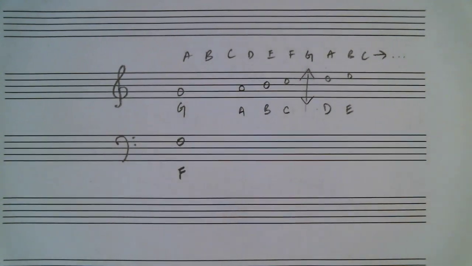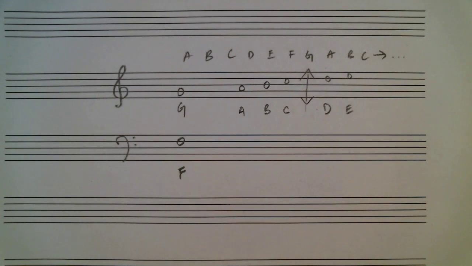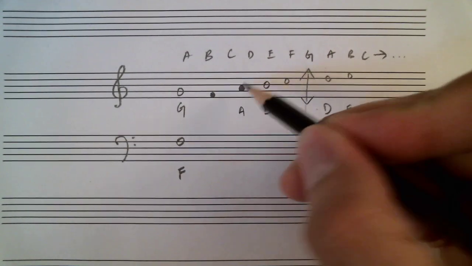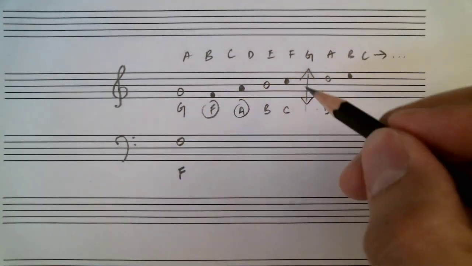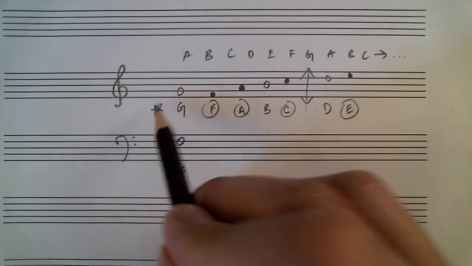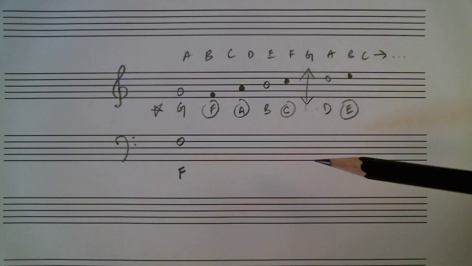There are different mnemonic devices that will help you remember these notes, and you can look on Google for a number of them for the treble clef. For example, all the notes in the spaces in the treble clef spell out FACE: F, A, C, and E. But if all else fails, the most important one to remember is that the second line is G, and from there you're counting up and down the musical alphabet.